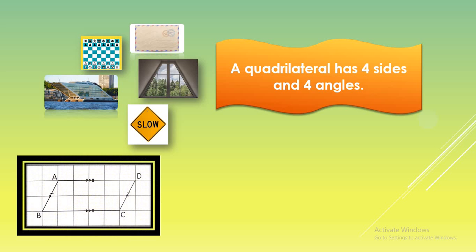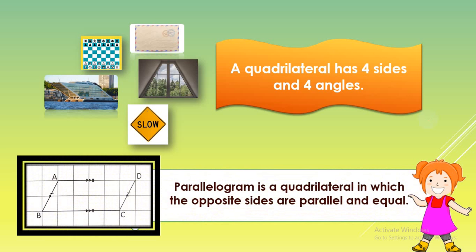Look at the picture here. Do you remember what a parallelogram is? A parallelogram is a quadrilateral in which the opposite sides are parallel and equal. Look at this one, line AB and DC, and then AD and BC.